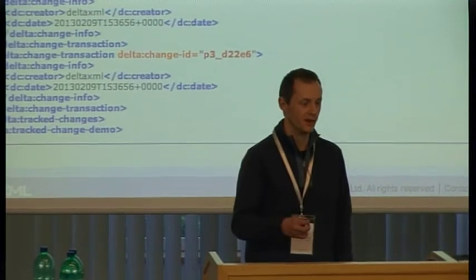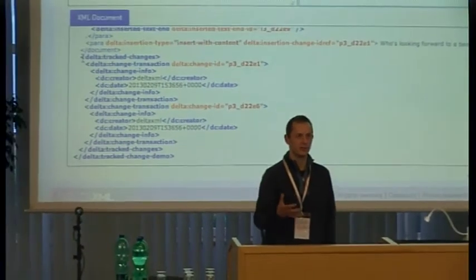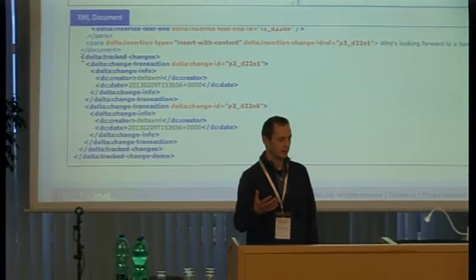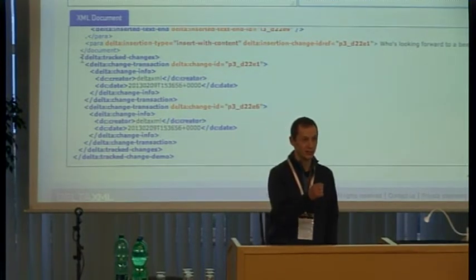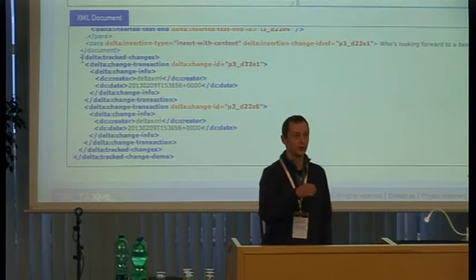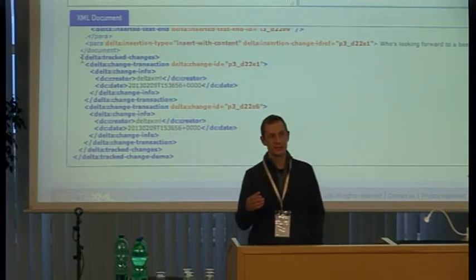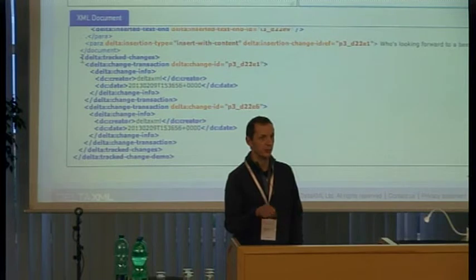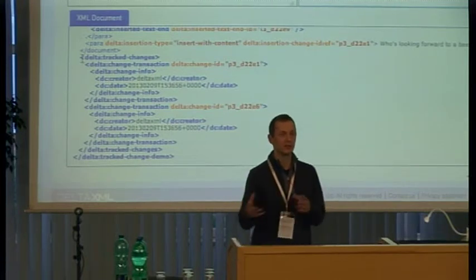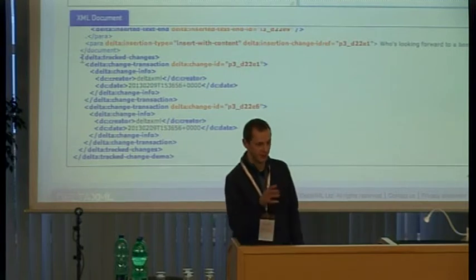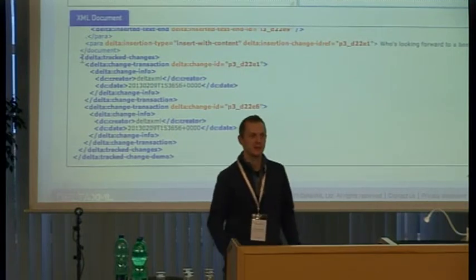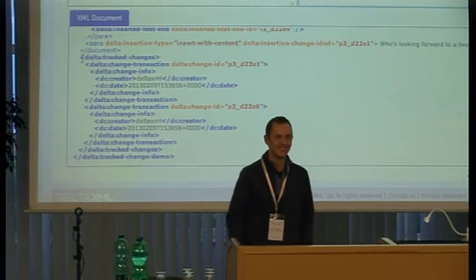You can put metadata in there, so the author, the date, whatever you'd like, so that each change refers to that change transaction. So each change has an author associated with it. And we have tested, though I didn't include examples of, nested changes. So if you've got an addition of a paragraph and another author then makes some deletions to that paragraph, that all works. Those examples are a bit too complicated to fit on one slide.